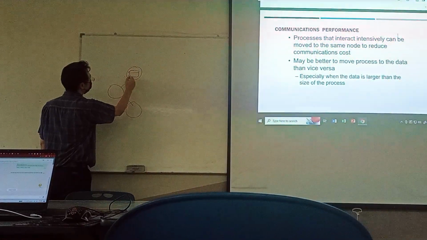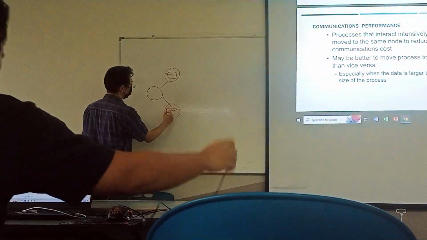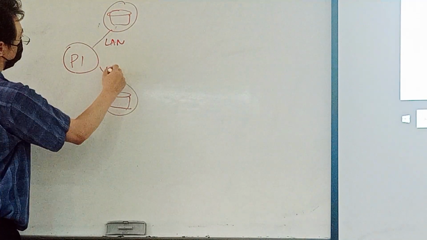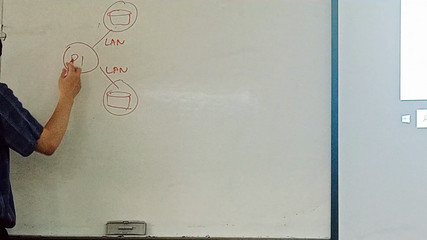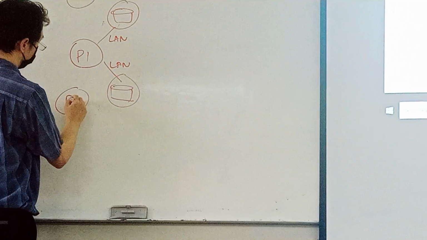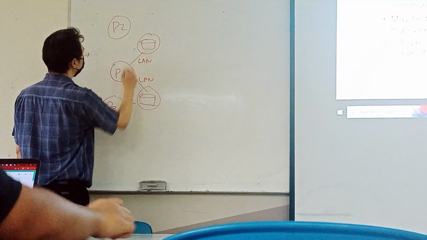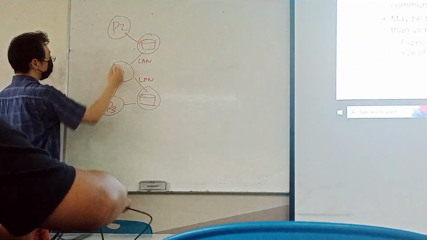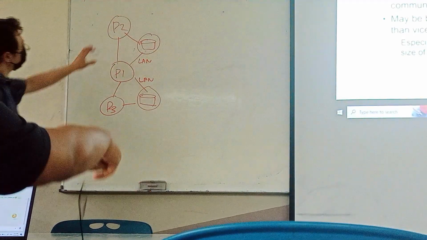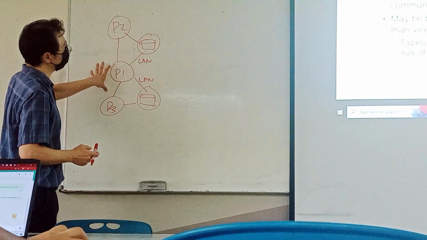Let's say here is the database. This is your database. And the process is running here, right? So this is a LAN, for example. And very close by. And we have another process here, and we are using this database, let's say. Okay? So you want this process to be here, you don't want it to be very far away.